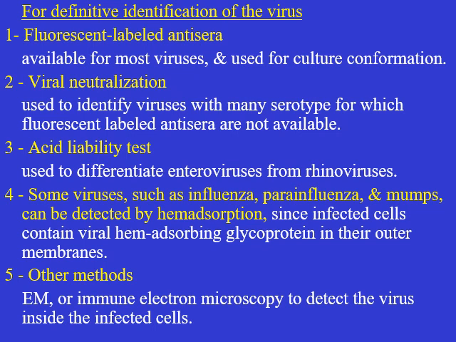These five tests are used for definitive identification of the virus grown on the cell culture: fluorescent labeled antisera, viral neutralization test, acid lability test, heme adsorption test for some viruses, and the fifth is EM or immune electron microscopy.